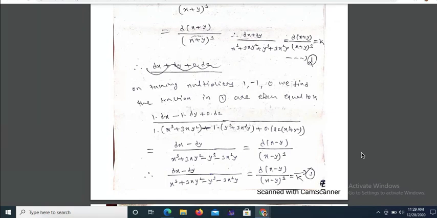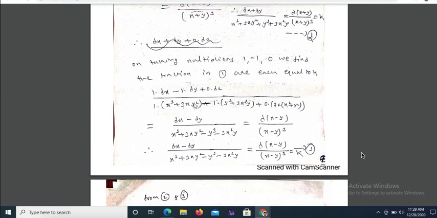You have to choose by practice. So with 1, minus 1, 0 taken: dx minus dy over x cube plus 3xy square minus y cube minus 3x square y. The dz term is 0. So this we can write as (x minus y) whole cube. Why did I select 1, minus 1, 0? To get (x minus y) whole cube. Keep it in your mind, that is my intention. So that equals k, call it equation 3.